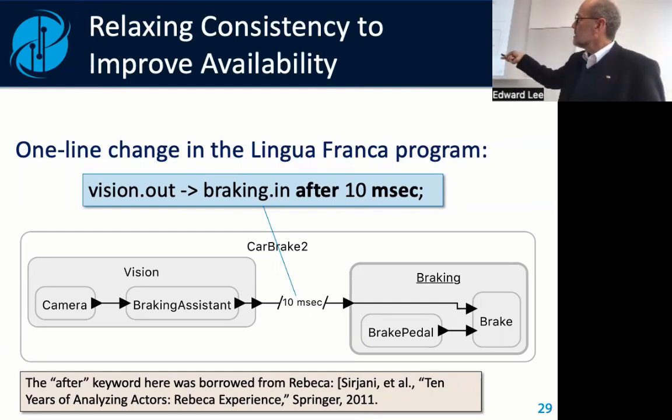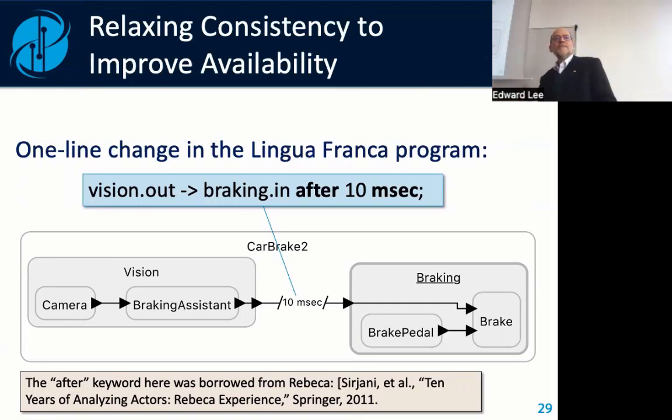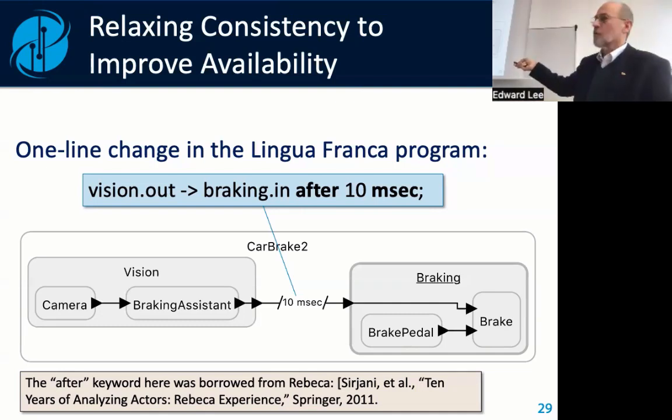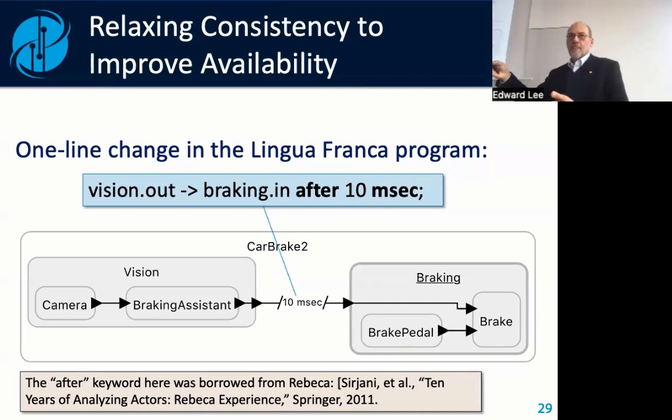The syntax in Lingua Franca is like this: vision.out connects to braking.in after 10 milliseconds. That says add 10 milliseconds to the timestamp. That's an explicit statement that you can tolerate some inconsistency. You're willing to have this braking system see the state of the world 10 milliseconds off.